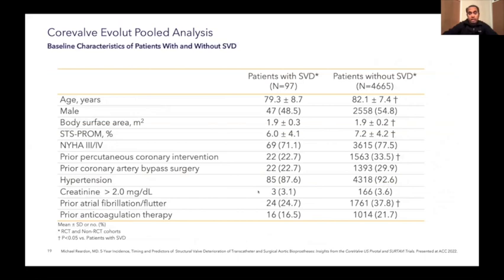You can see some of the characteristics here and some of the significant things that were different. Patients with structural valve deterioration tended to be younger, which was interesting, tended to have a lower STS score, which was interesting, and tended to have a lower incidence of prior atrial fibrillation and flutter.